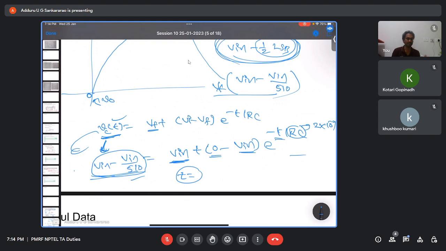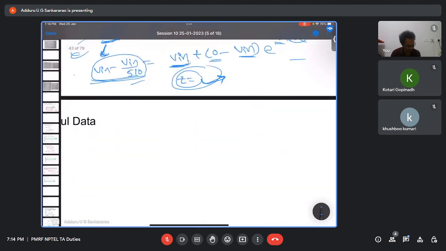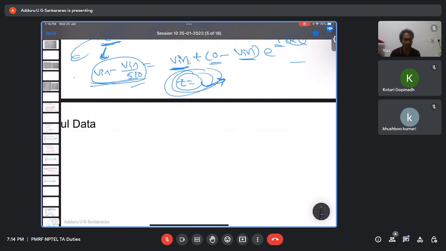That means between successive samples, this much time should be required. Okay, that means what is the frequency? Between successive samples, TS minimum, whatever T we will find out here, that much is required.